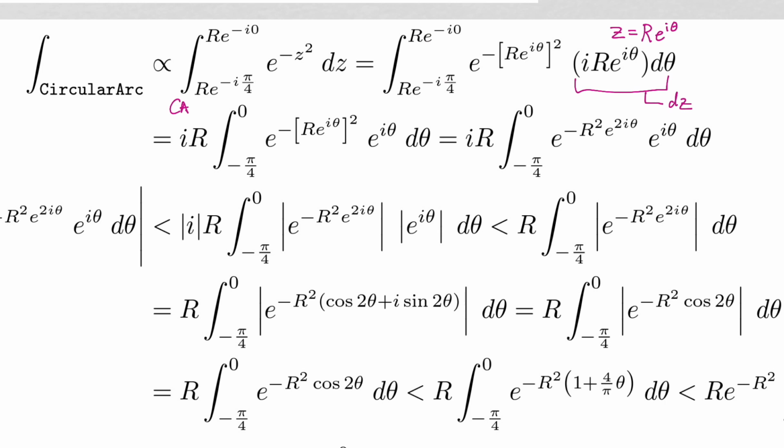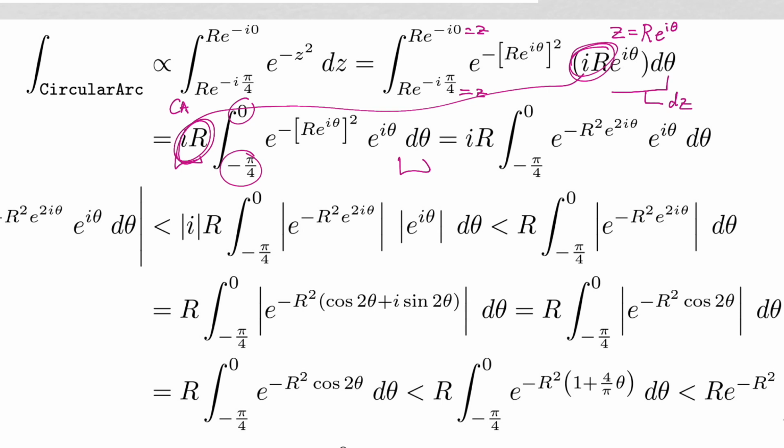So I should have written, equals z there. And the next step is I convert those to theta, right? It's now an integral in terms of theta, so I just have to go from minus pi over 4 to 0 in terms of theta. The i r part from here just comes right out in front because it's a constant, right?